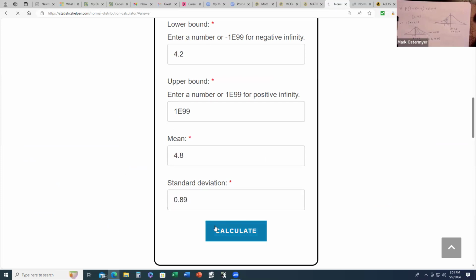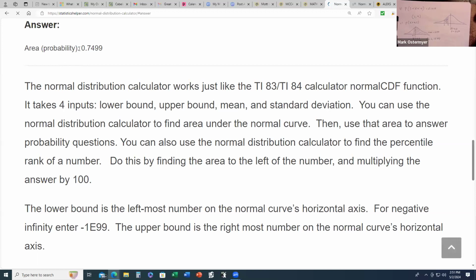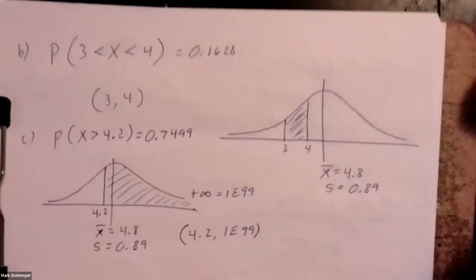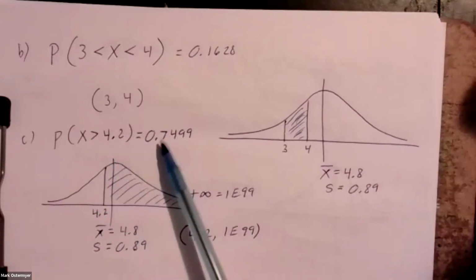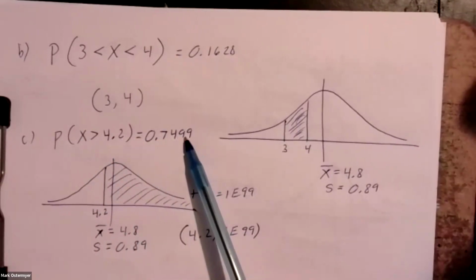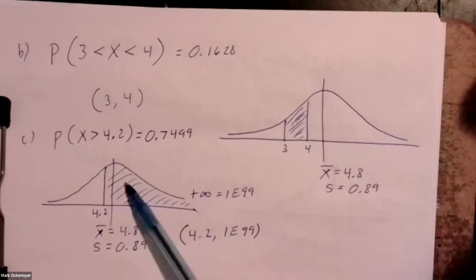Calculate. And there's your area or probability, 0.7499. And so we are done. Hence, the probability that someone keeps their TV for more than 4.2 years is about a 75% chance. This probability is equal to this area here.